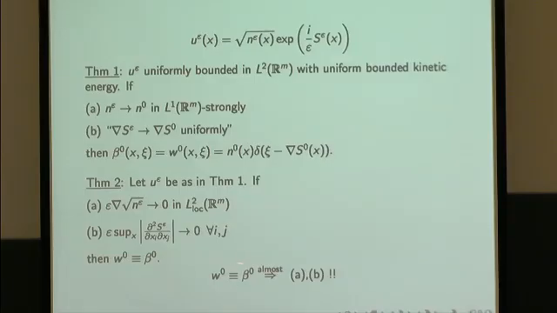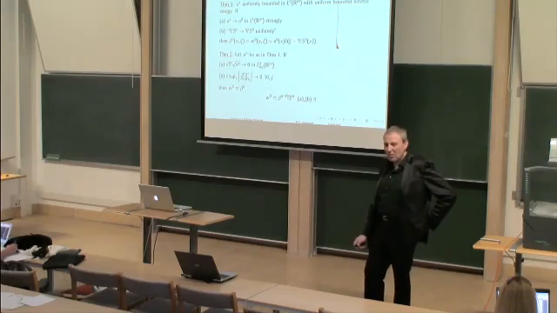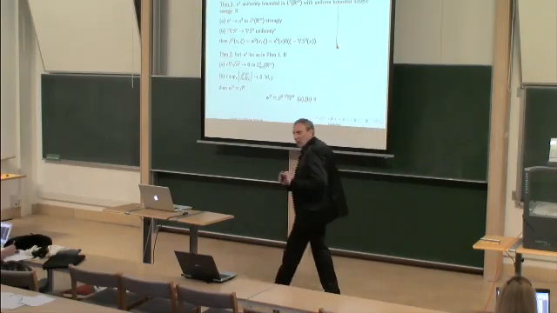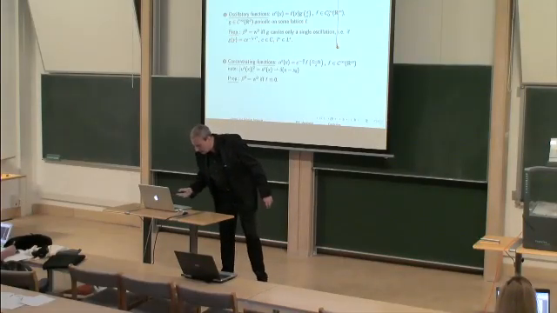Again, the question is, can you go the other way? And the answer is almost. And you can quantify what the almost here means. Okay, but I'm not going to go into it.